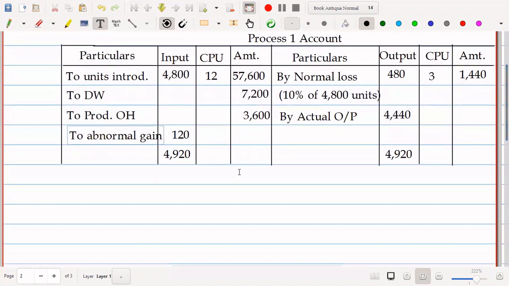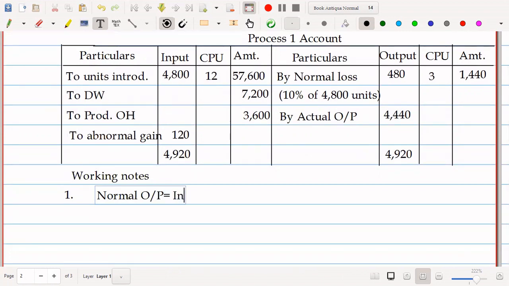As I said earlier, there are 3 working notes which we have to follow compulsorily. So working notes. First one, what we need is normal output. Normal output is equal to input minus normal loss.